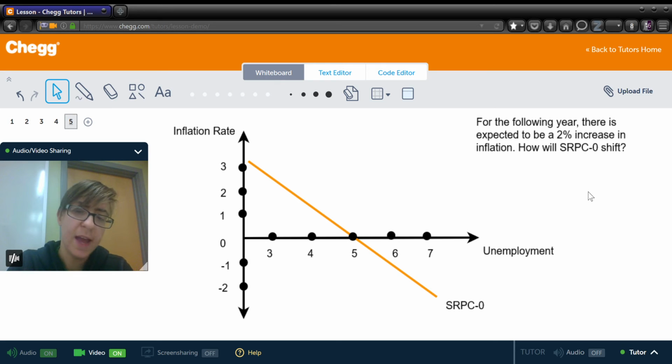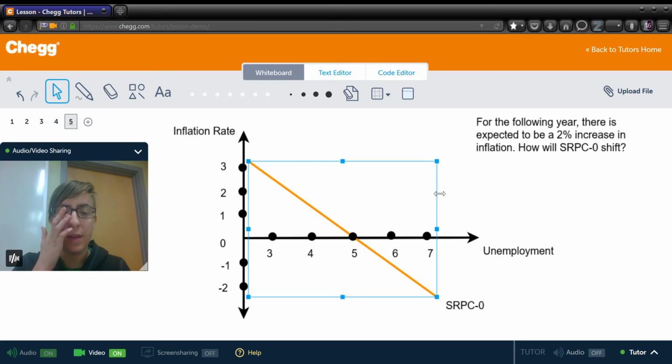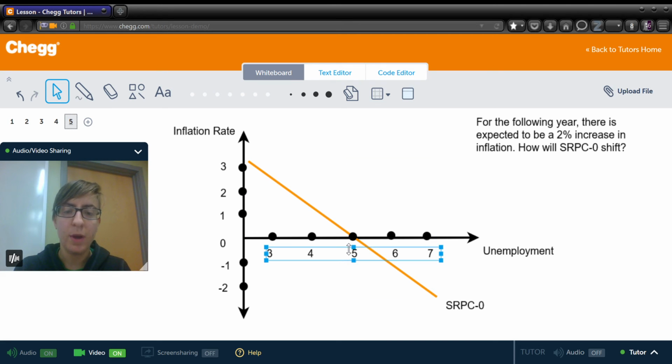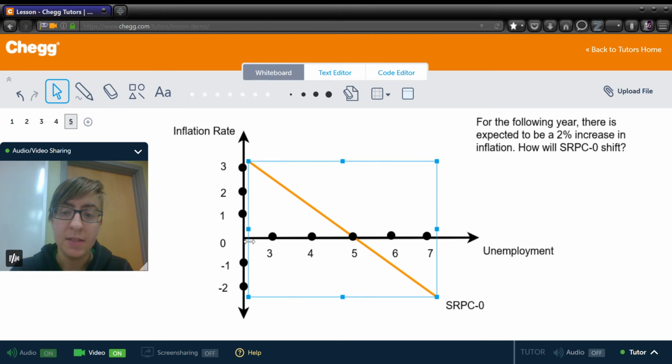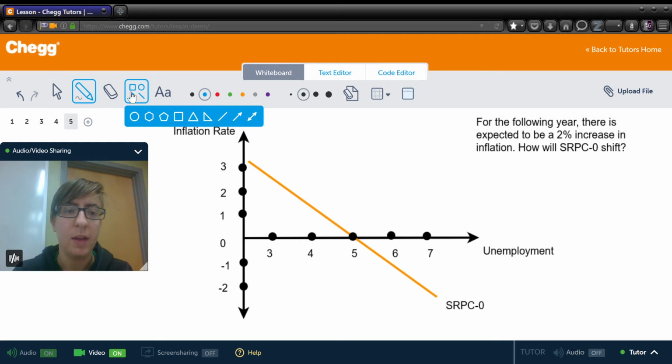As this stands right now, we can see that the unemployment rate is at 5%, and therefore the inflation rate is 0. We want it to shift up 2% due to the fact it has increased. If it said decrease, we would be doing the opposite of what we are doing now. So we can see 2% is here.